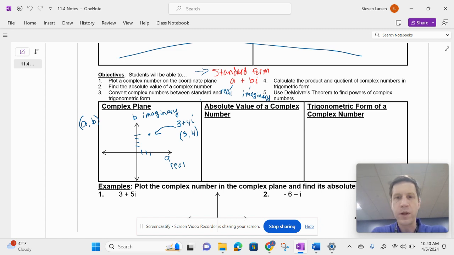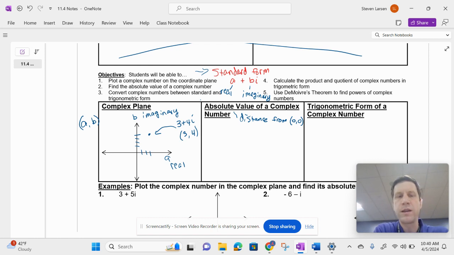Absolute value of a complex number. So if you think about absolute value of any number, not a complex number, it's the distance away from 0. So when we talk about absolute value of a complex number, when we're graphing it, it's the distance away from the origin. So absolute value, distance from 0, 0.